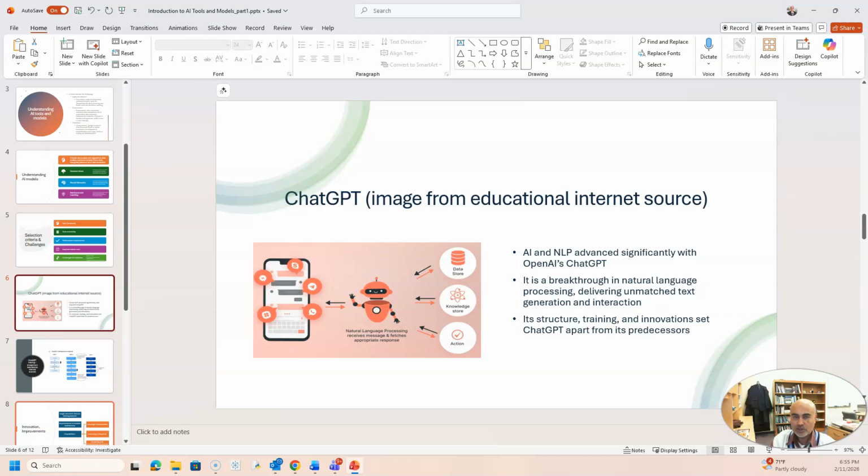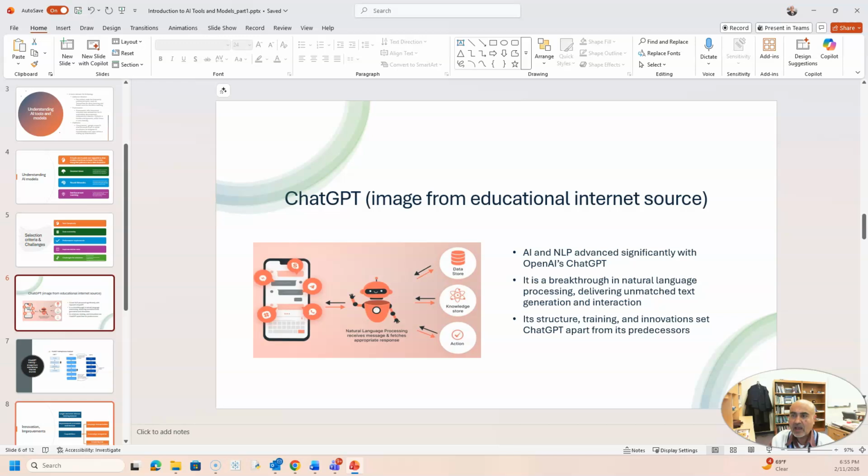Let's now look into ChatGPT. Or in other words, let's take a deep dive into ChatGPT. So when you're talking about ChatGPT, we are talking about artificial intelligence and natural language processing taken to a different level by OpenAI.